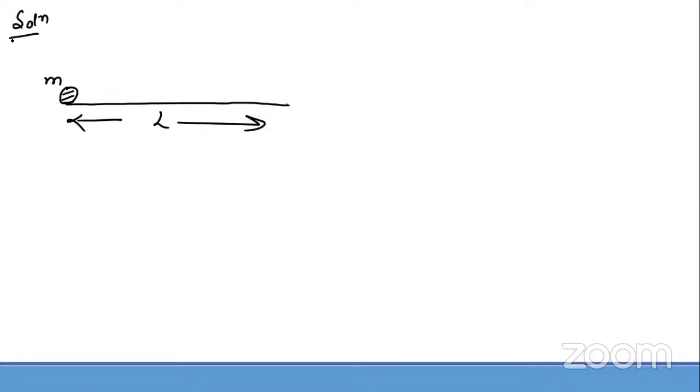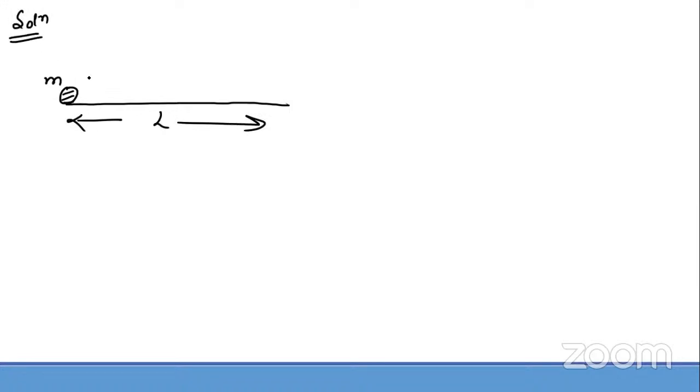So this is a particle, say, having mass m, although it's not required to write the mass m here. Always solve the question patiently and very clearly. So I'm writing the solution.